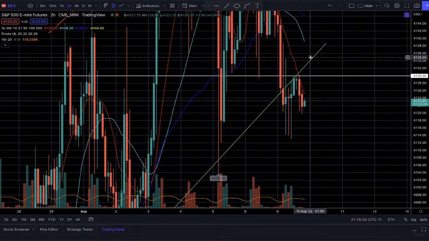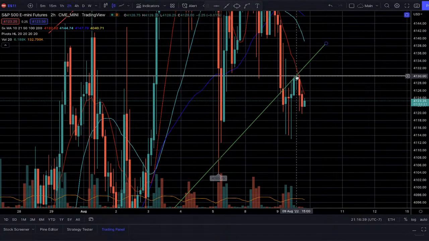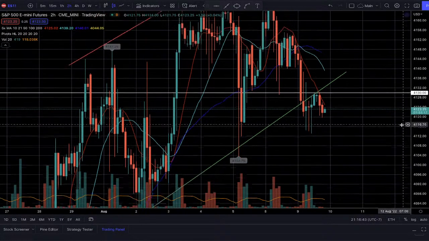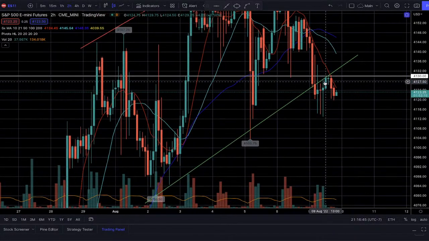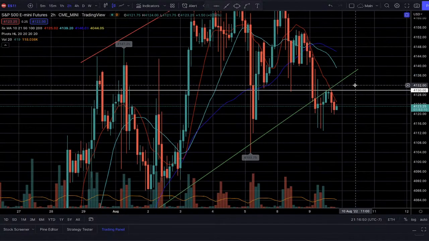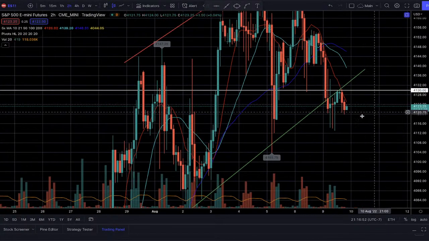So we literally hit this ascending support trend line, which coincided with the 4130 level. Technical analysis wise, it's very satisfying to see when the price respects your trend lines to a T.